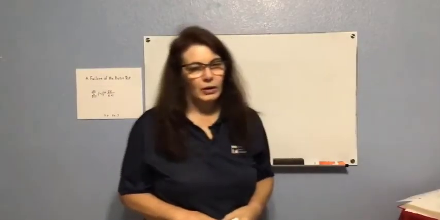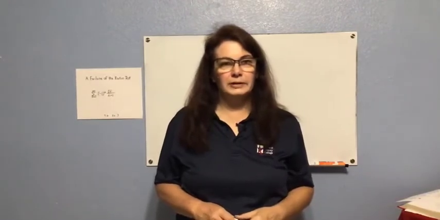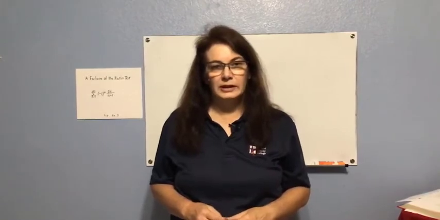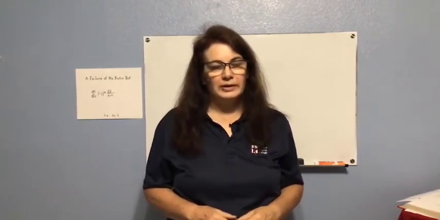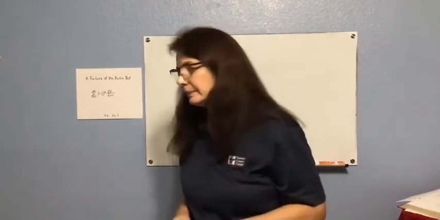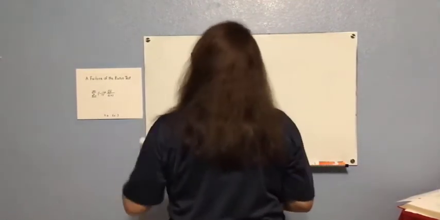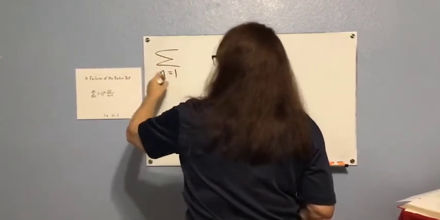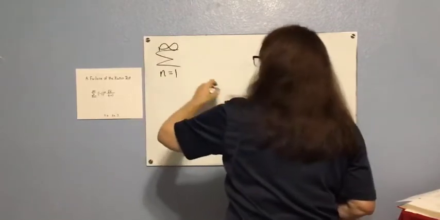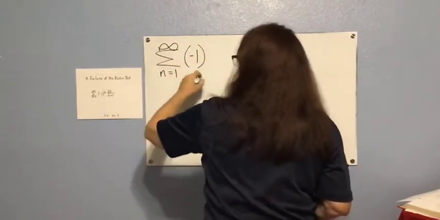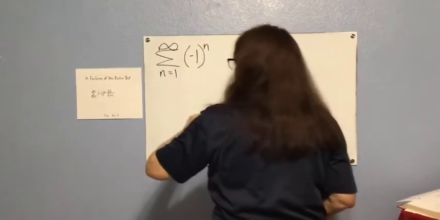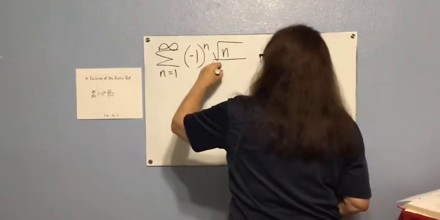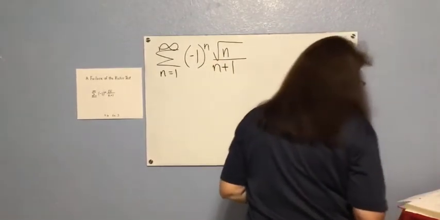Okay, we've seen a couple of examples that converged and also an example that diverged. Let's look at an example where this test is not going to help us out. This time my series is negative 1 to the n power times the square root of n over n plus 1.